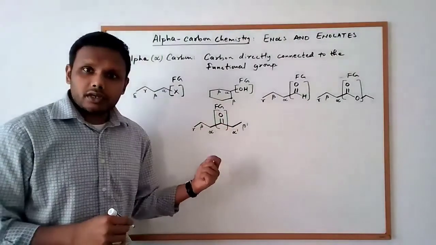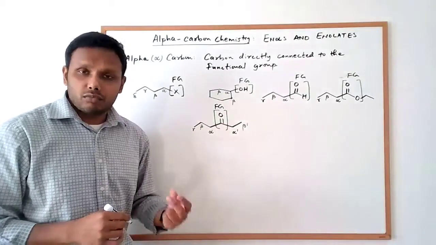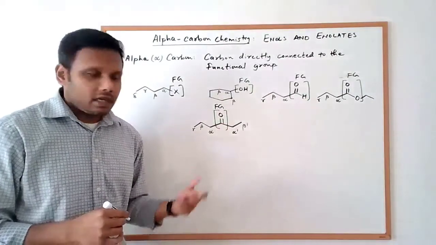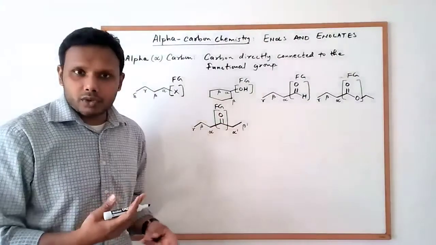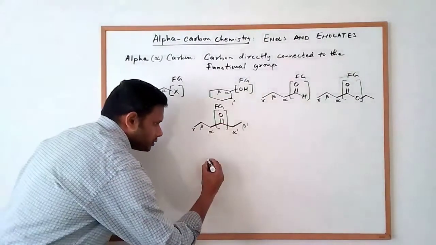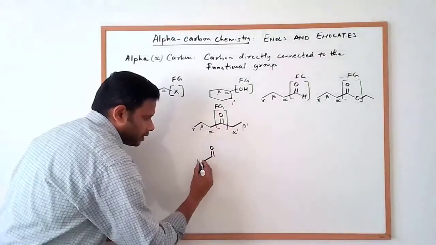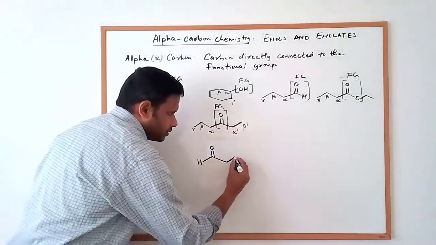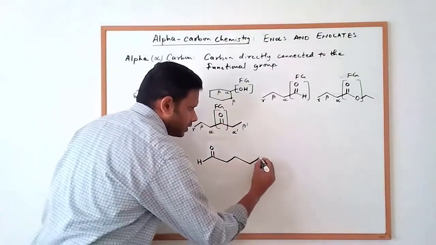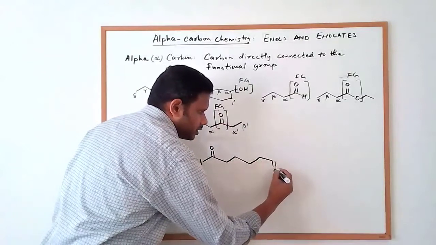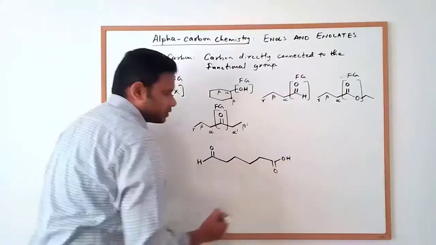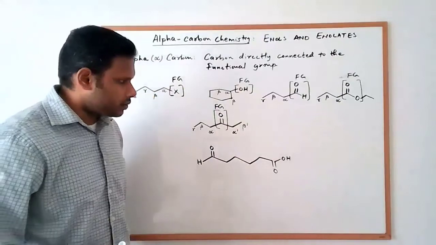Now let's look at another molecule which has more than one functional group. And let's see how the assignment would work there. Okay, so let's say we have a molecule which has an aldehyde functional group in it, and additionally, there is a carboxylic acid in that molecule.